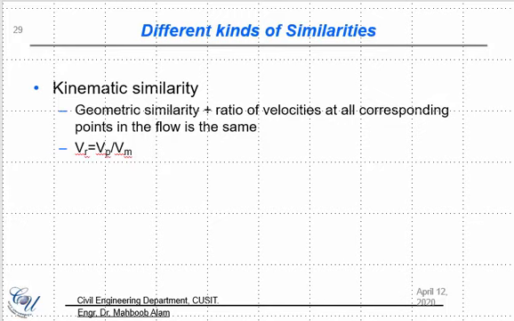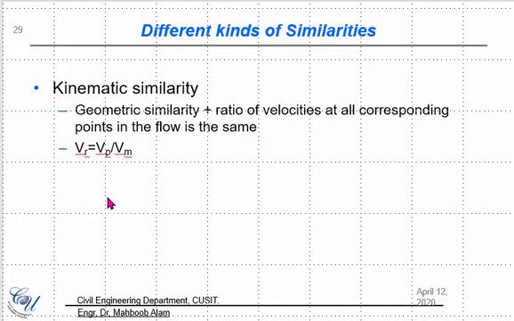If at the corresponding points in the model and in the prototype the velocity or acceleration ratios are the same, and velocity or acceleration vectors point in the same direction, then we can say that the two flows are kinematically similar, because first of all the velocities are the same, and then the acceleration vectors, that is, if the water is accelerating or decelerating in the prototype, then these effects are the same in the model.